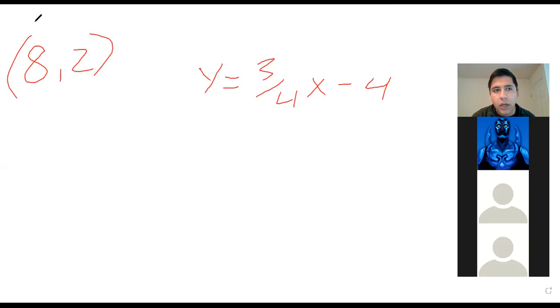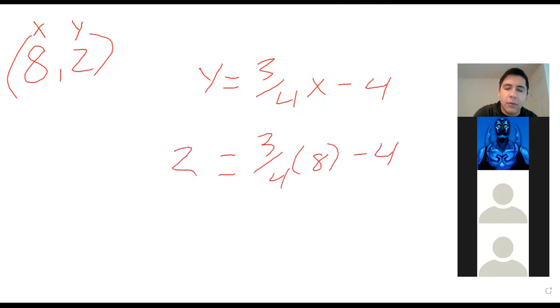So we already have our x and our y because that's where they met up, right? That's where our intersection happened. So if we know what x and y are, all we have to do is just plug them in, right? I know that x is equal to 8, and I know that y is equal to 2.